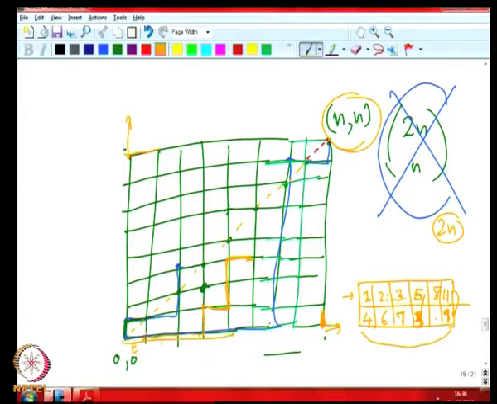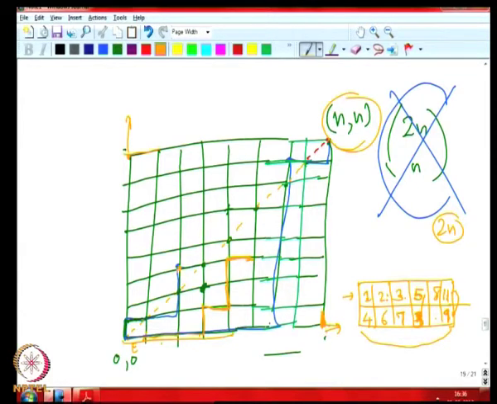At that time we were definitely above the main diagonal, as we see here.